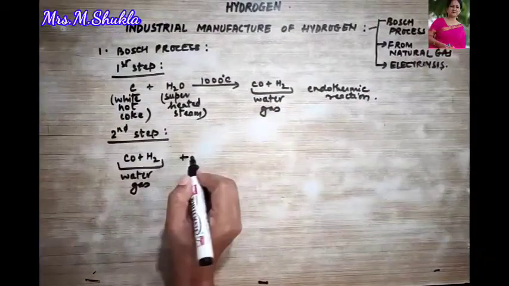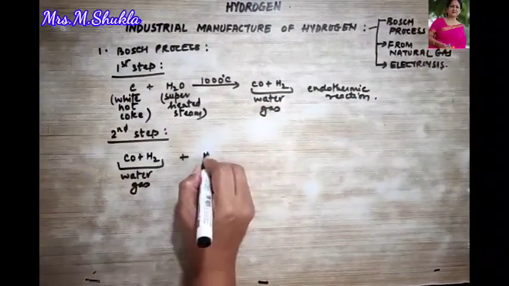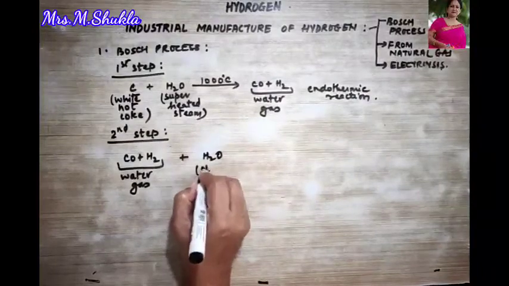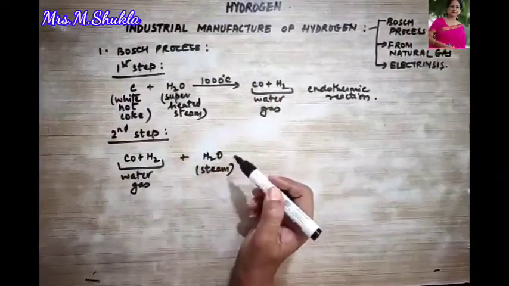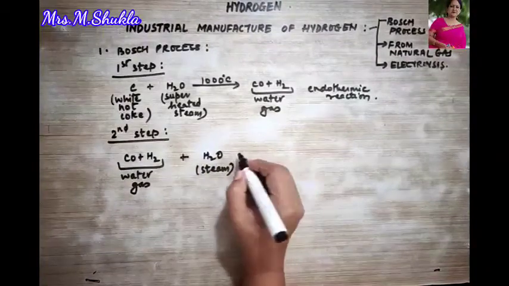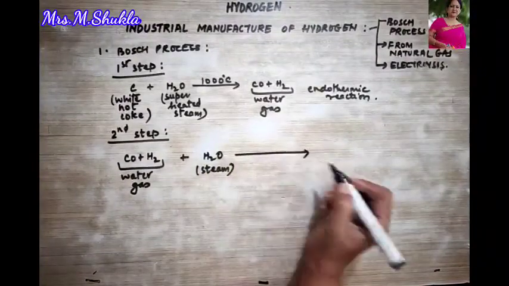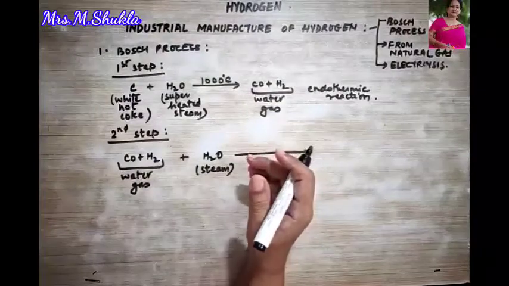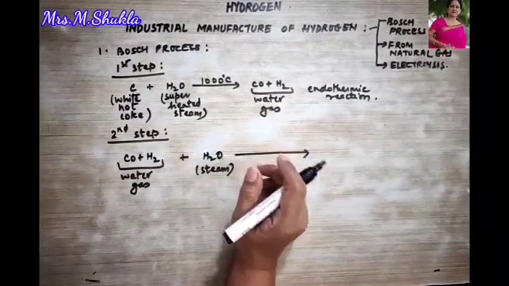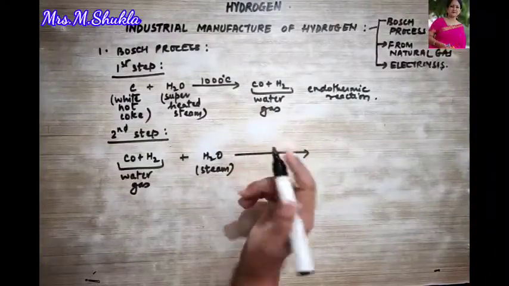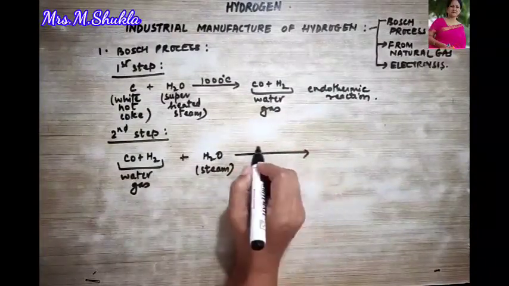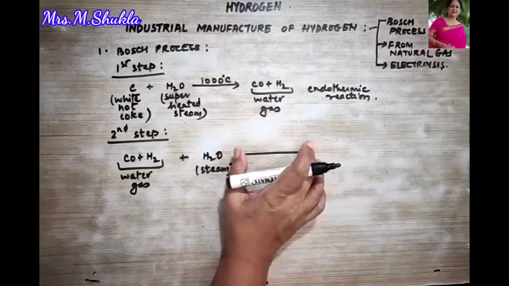When this is mixed with excess of steam, we are passing excess of steam through this water gas, right? And then apart from that, we also need some suitable conditions. What are those conditions? We need a catalyst, ferric oxide, and since we are using a catalyst, we also need a promoter.